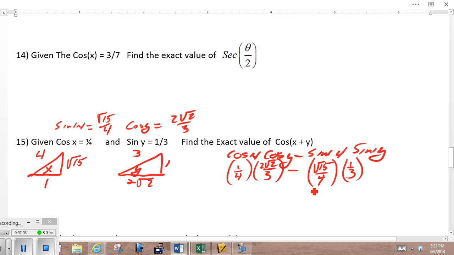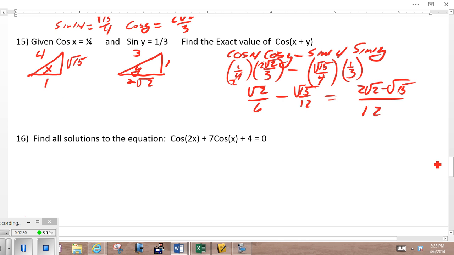So we just multiply them out and simplify. So I guess we can get a 2 in there, so I get root 2 over 6 minus root 15 over 12. So I'll put them both over 12 and call it 2 root 2 minus root 15. I'll leave it at that.